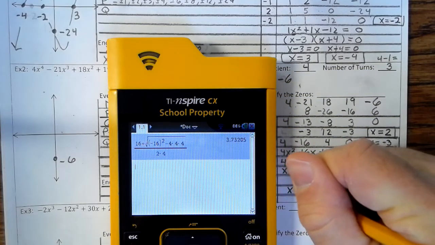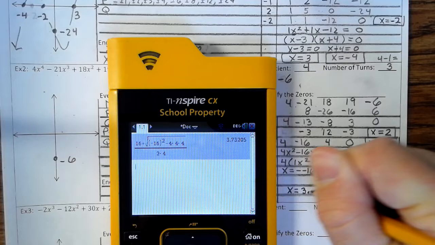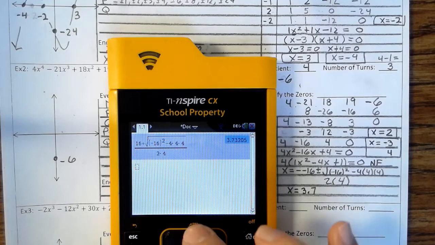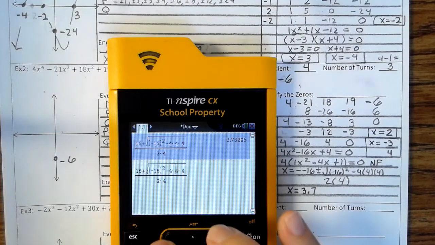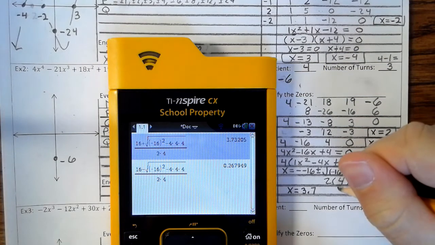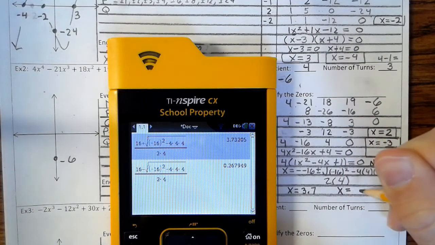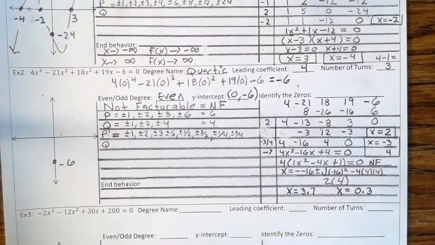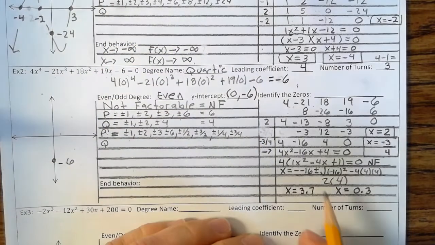So x equals, let's say, 3.7. Highlight, enter. Change the plus to a minus. And x equals 0.3. Okay.